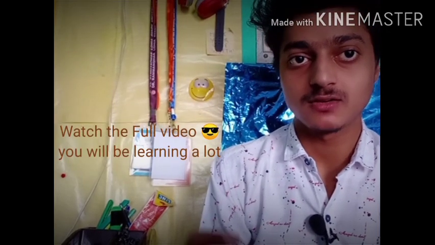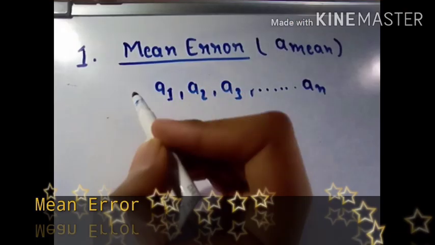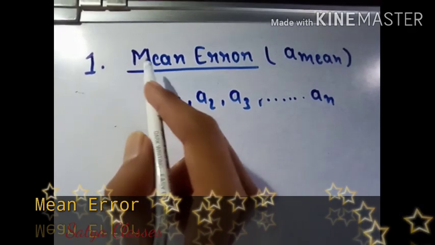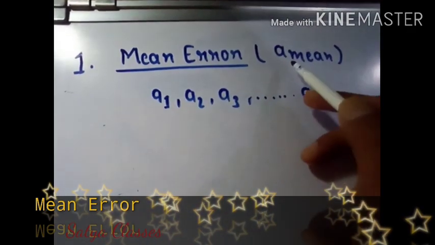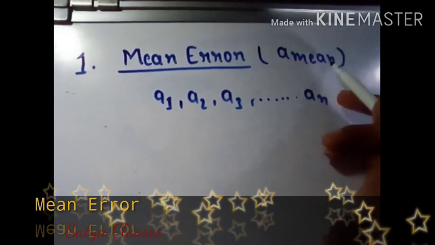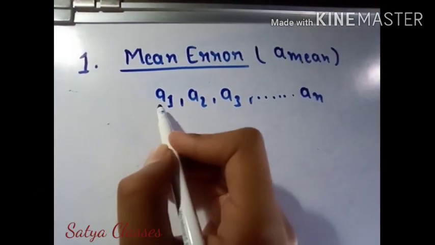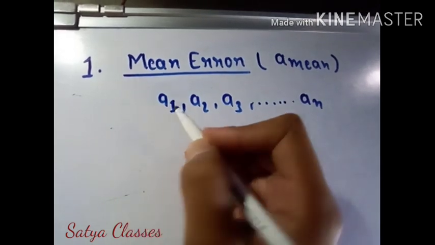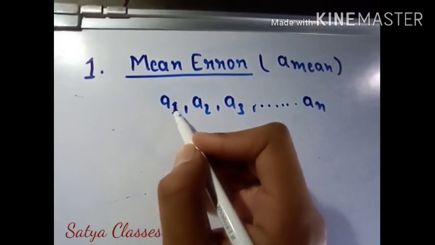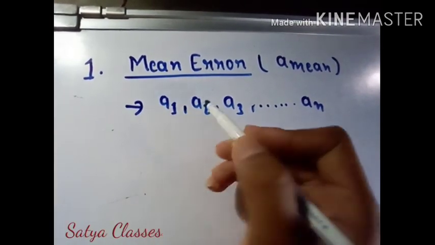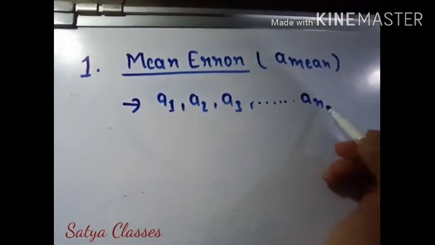So coming up next, let's generalize the formula for mean error. This is also written as A in subscript mean. Suppose that we have the following experiments, and the results obtained in each experiment are as follows: A1, A2, A3 up to AN.